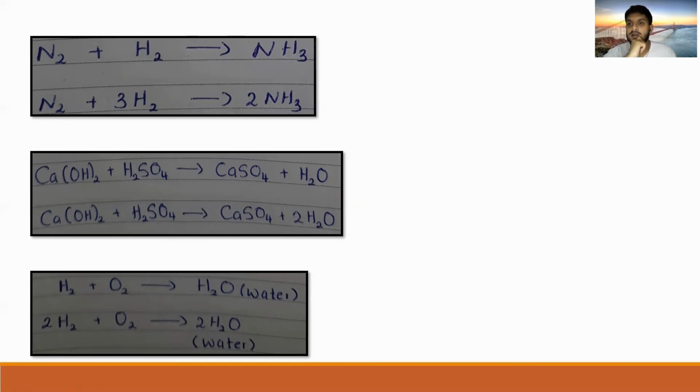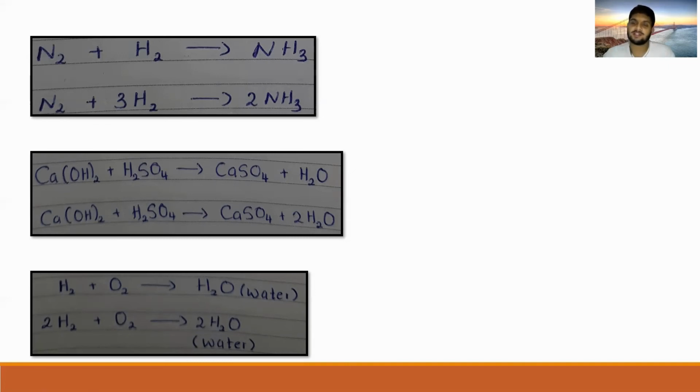But we are not allowed to multiply by any decimals, right? It should always be positive integers. You can maybe make this 1, because here nitrogen is 1, but if you make this 1, you are multiplying by half. So once again it's a fraction.